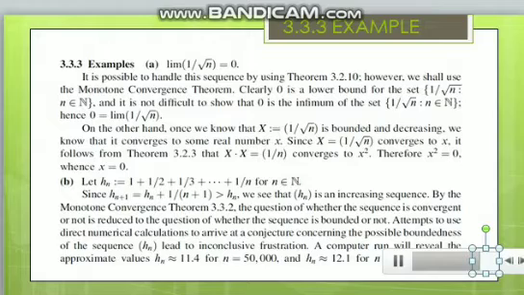A computer run will reveal the approximate values Hn is approximately 11.4 for n equals 50,000 and Hn approximately 12.1 for n equals 100,000.